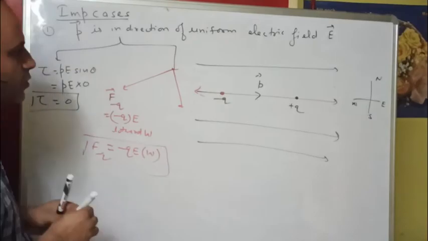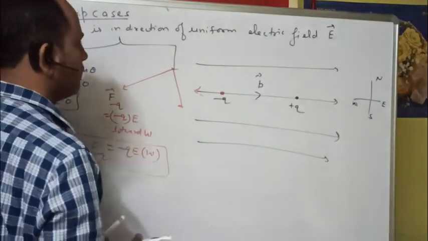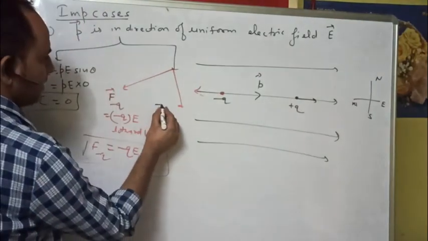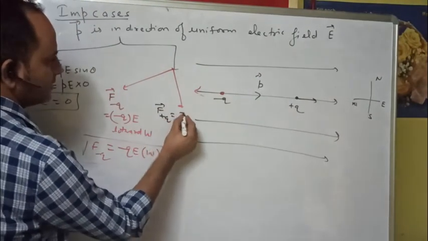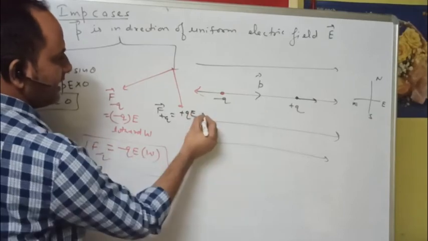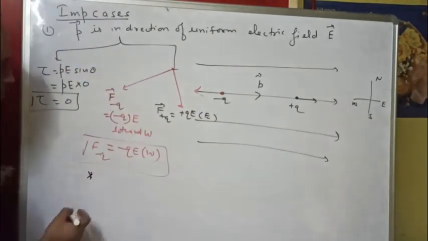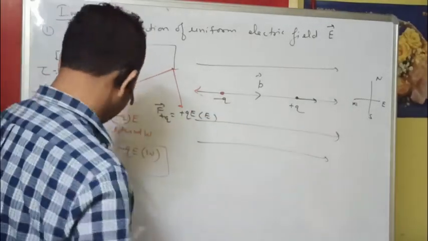Now we will find the force on this charge. So the force on this charge will be in this direction. So it will be F vector plus q, that is plus qE, and this is the east direction. Okay. Now our target is to find the total force on the dipole.